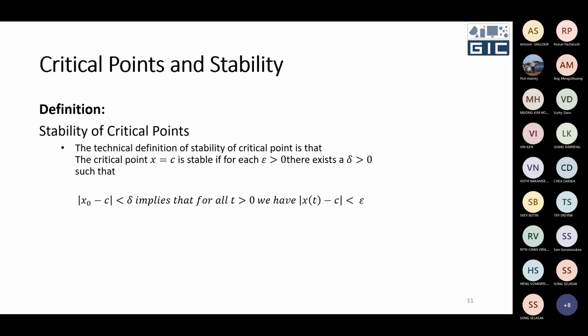This is just the way that we formulate it in a mathematical way. But the easy way, when you can see it in the practical case, I will show you the example of how we can define the critical point that we can find from our differential equations.